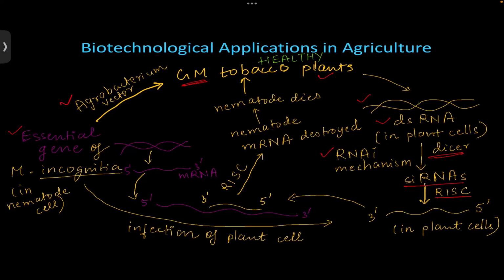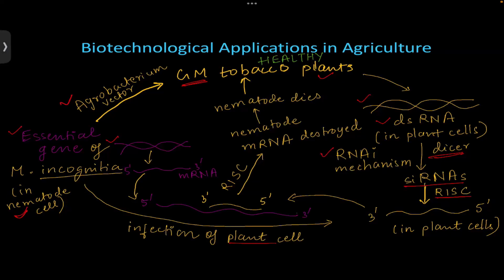Okay. So when this nematode dares to infect this genetically modified tobacco plant, in order to survive in the plant, it will try to transcribe this essential gene highlighted in purple and make the mRNA, 5 prime to 3 prime, in the plant cell, because this nematode needs to survive inside the plant cell.